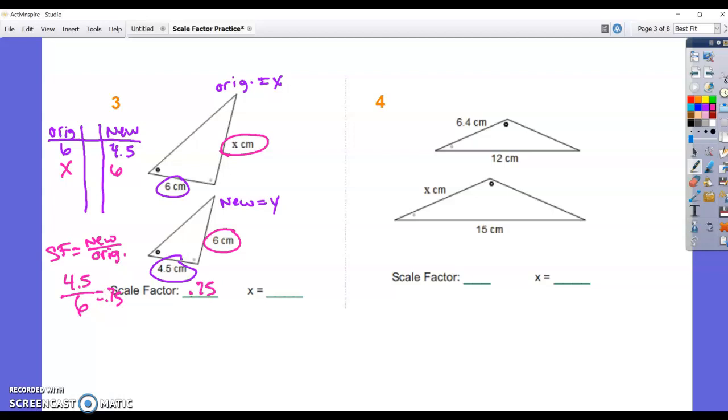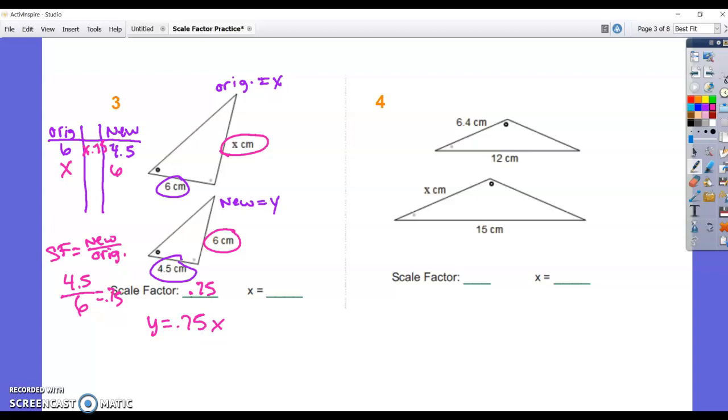And so that means that I'm multiplying 6 times 0.75 to get 4.5. However, here I'm multiplying something times 0.75, so we need to go the other way. So that's why I said let's use an equation. y equals 0.75x.